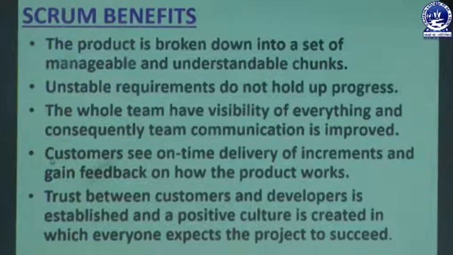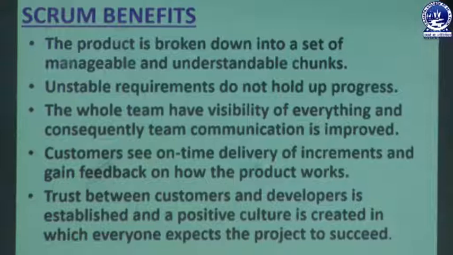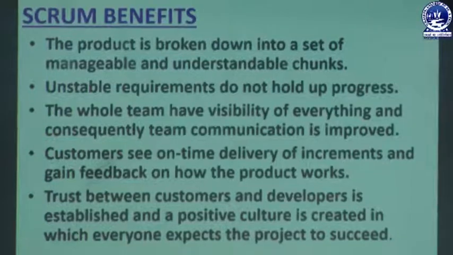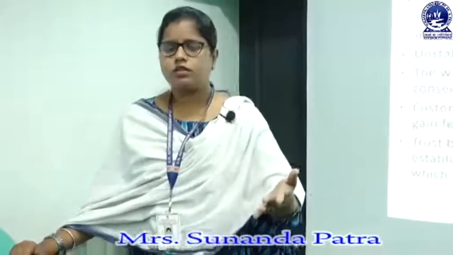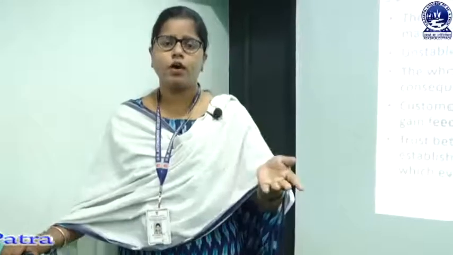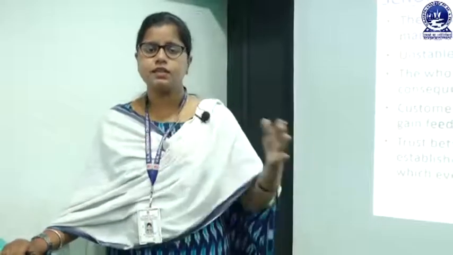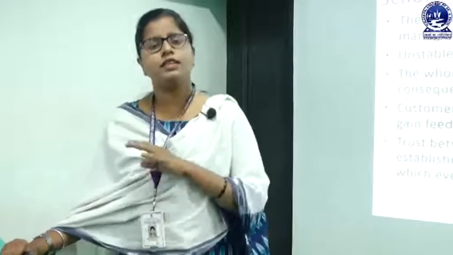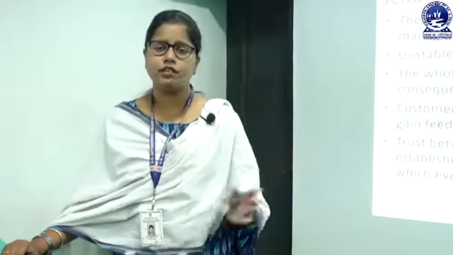The next is, customers see on-time delivery of increments and gain feedback on how the product works. This is when we deliver version 1 in 2 to 4 weeks. Then after that we will have some more 2 to 4 weeks to deploy the second version. Within those 2 to 4 weeks, the customer will become acquainted with version 1.